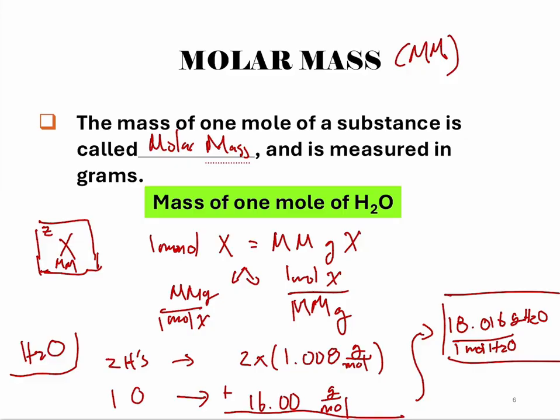All we're doing is adding up the molar masses of all the atoms within the molecule. It's like if you had a bag with certain contents in it, you want to find the total mass of the bag. One way you can do that is just by measuring the mass of everything that's in the bag. The bag is our molecule, and the atoms are what's inside the bag, and they comprise the molecule.